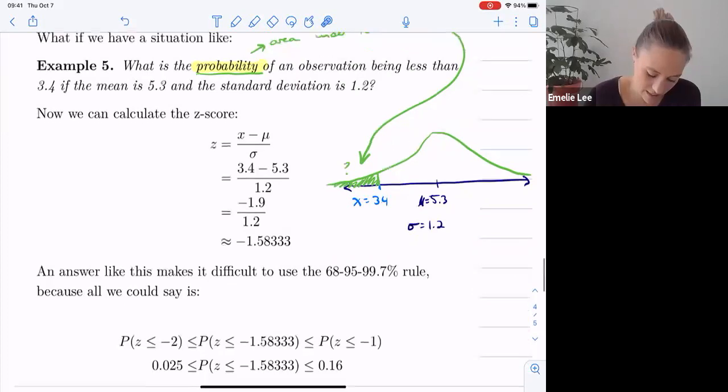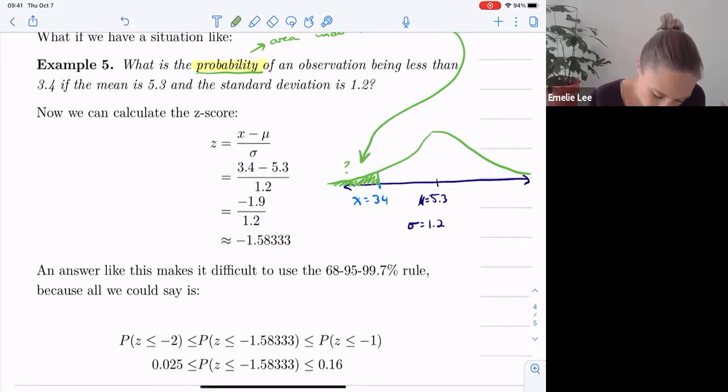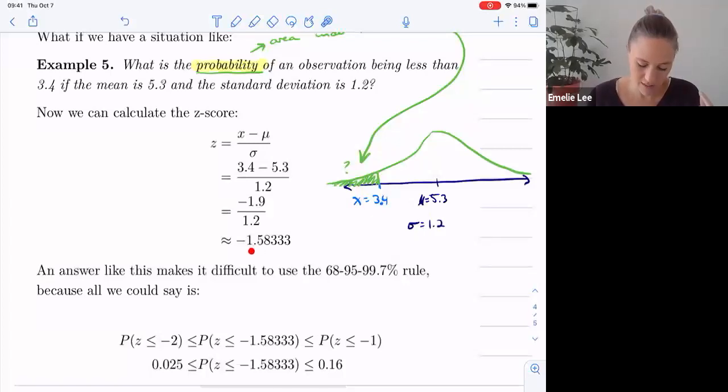And what I'm going to find is that if I take that distance and divide it by 1.2, I find that 3.4 is 1.58333 standard deviations below the mean, right? Which we saw here.